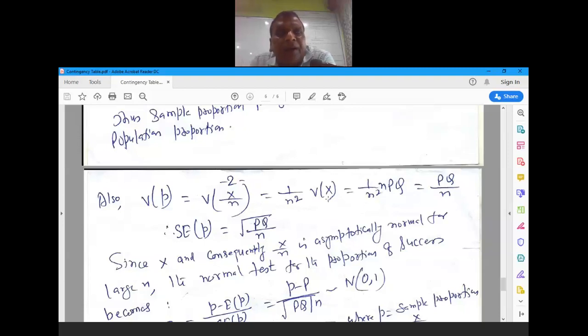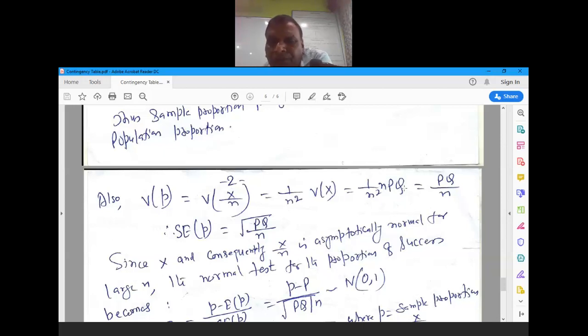Again, in Stat 511 you have discussed a theorem: variance of ax plus b is equal to a square into variance of x, where a and b are constants, and due to this formula, after taking the variance, n becomes n square. That's why 1 upon n square into variance of x, and in place of variance of x we simply put npq.